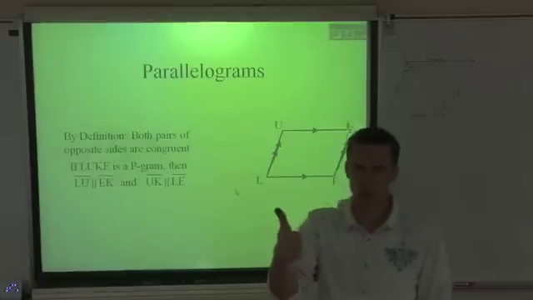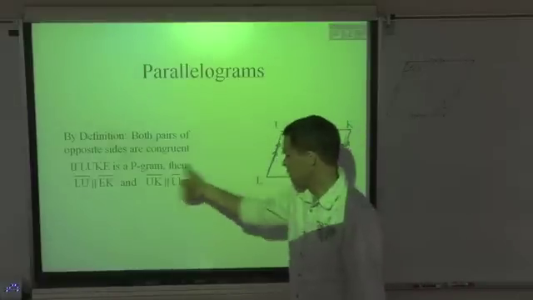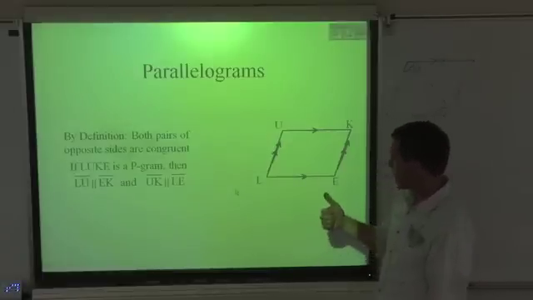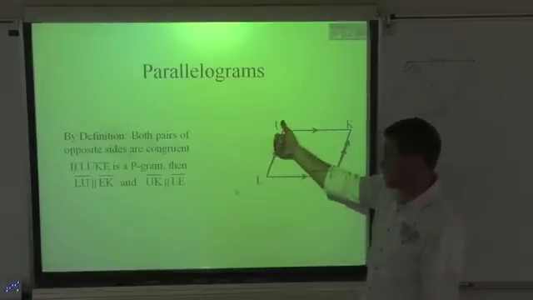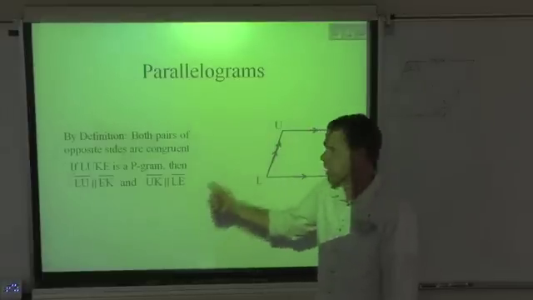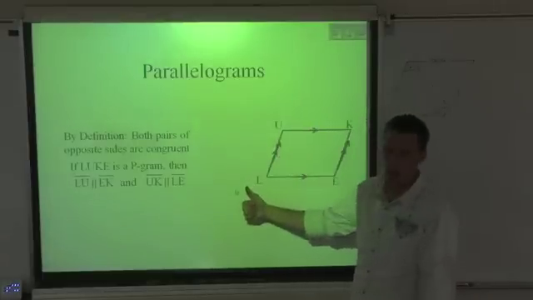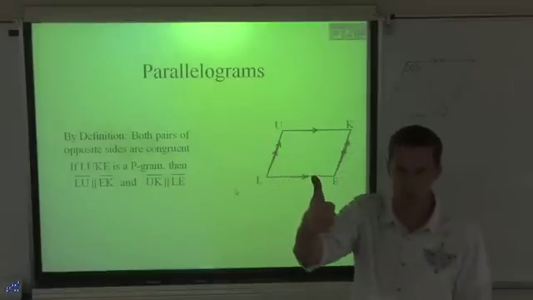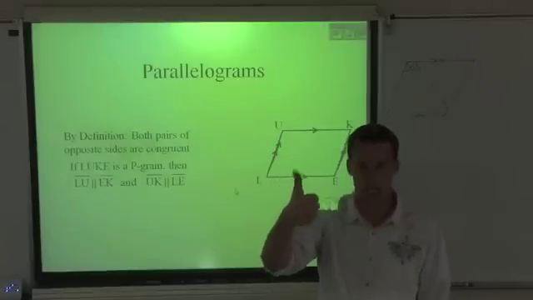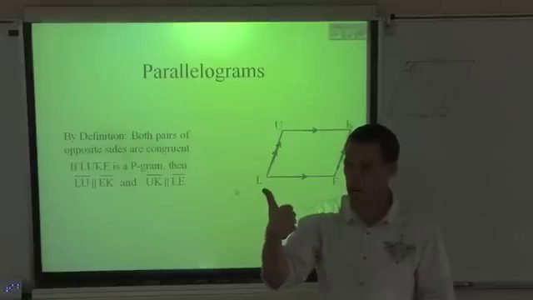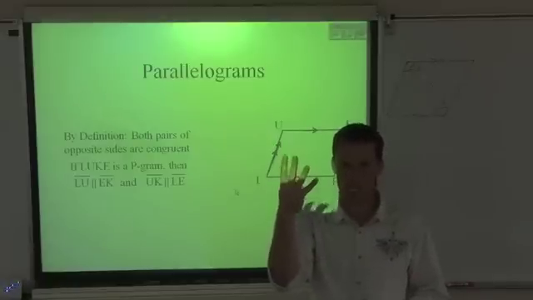So the first conclusion that can be made, if LUKE is a parallelogram, we can say that LU is parallel to EK. And we can conclude that UK is parallel to LE. I use my thumb to represent this one because this is not one of the properties, this is the definition. One of the 5 major things we need to know, but it's somehow different than the next 4.